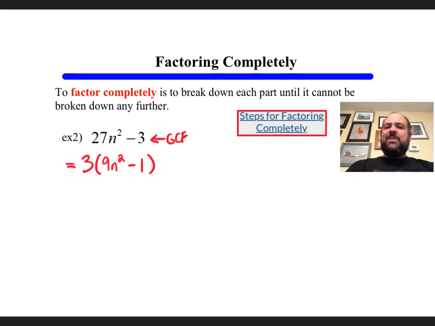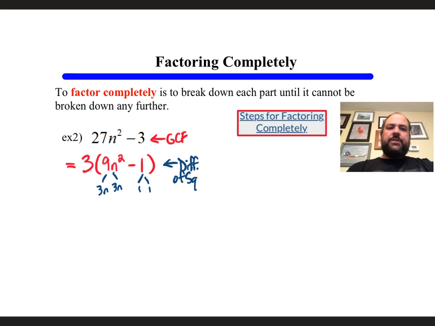But now if I look at this expression, it does look like maybe I can do something to it, because 9n squared is actually a perfect square: it's 3n times 3n. And the 1 is 1 times 1, and I'm subtracting them. Guess what? This is a difference of squares.